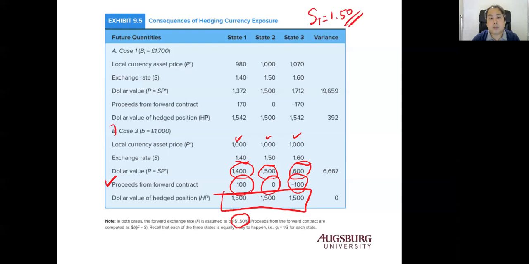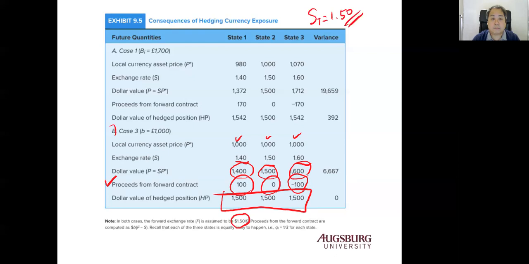However, case 1 is a little bit different because the local currency price of the asset is basically random. So even though you sell a forward contract, which is a 1,700 forward contract, it does not resolve everything.